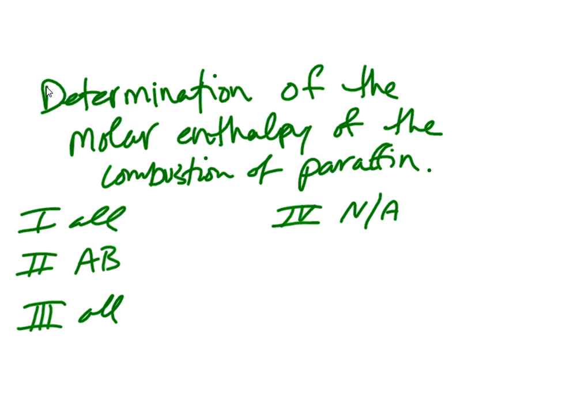Five, I want A and B. B is supposed to be either the percent error or the percent yield. I want percent error for your molar enthalpy, whatever you calculated.